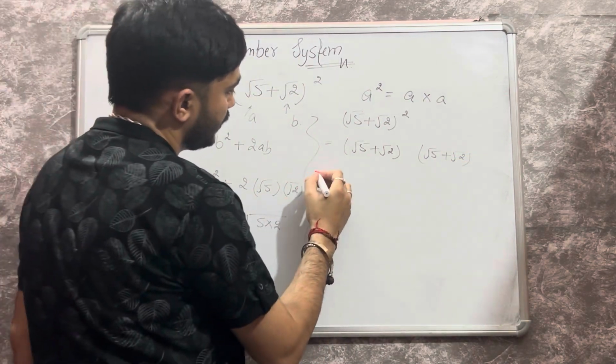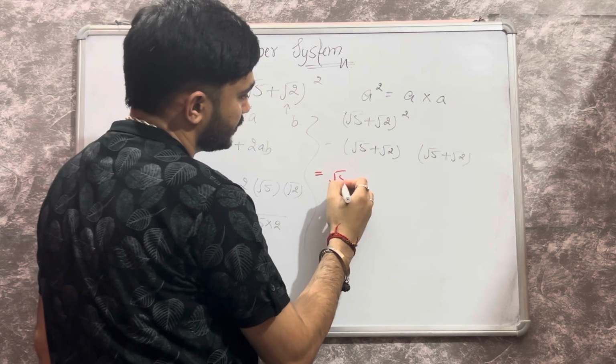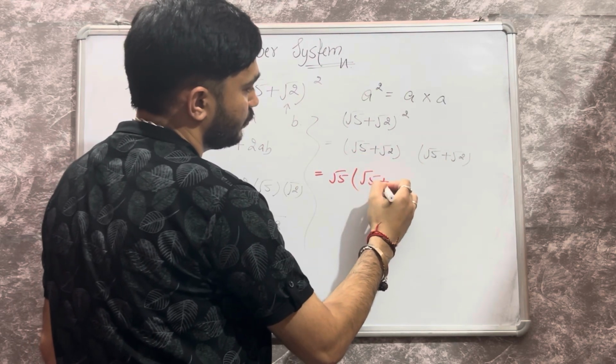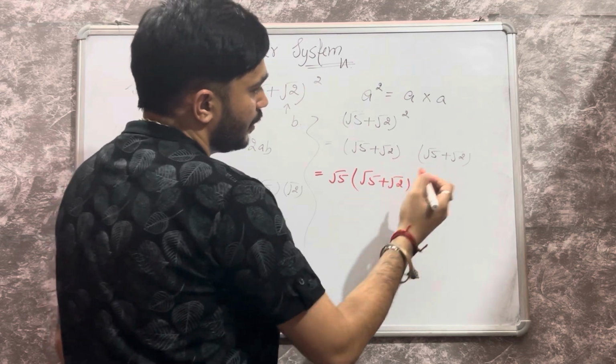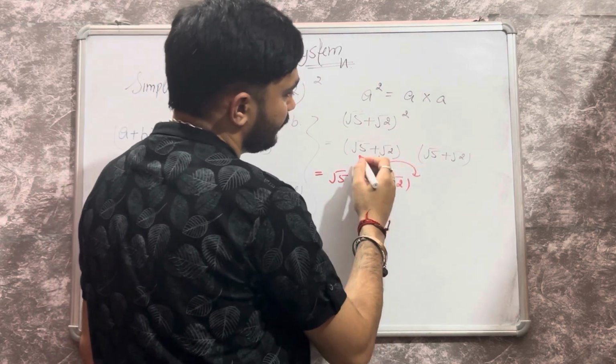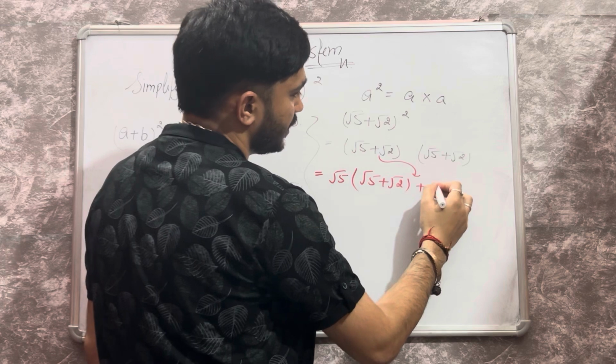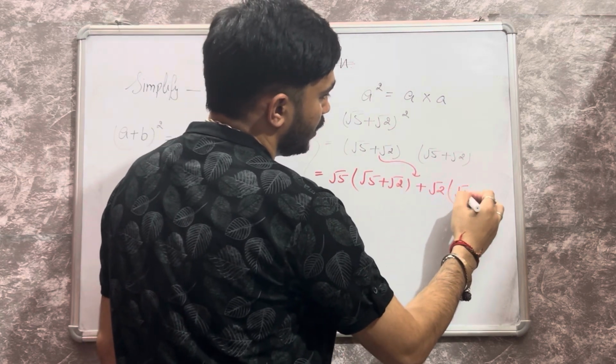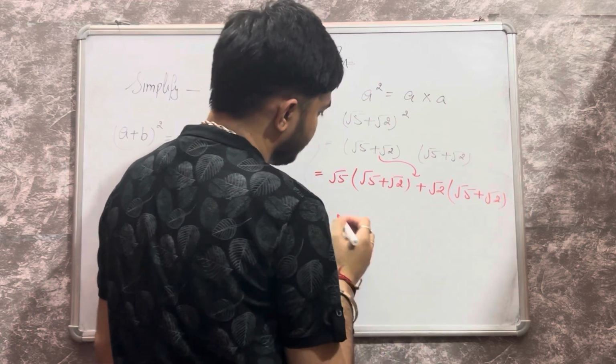Now take the first number, that is √5, and multiply it with the second bracket √5 plus √2. Now take the sign of the first bracket, that is plus, and write the second term here, that is √2 into (√5 + √2).